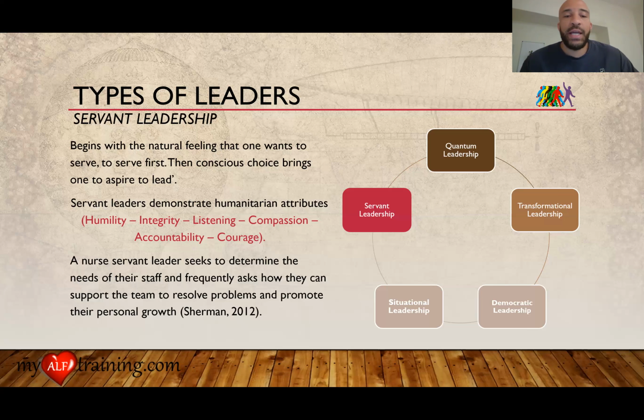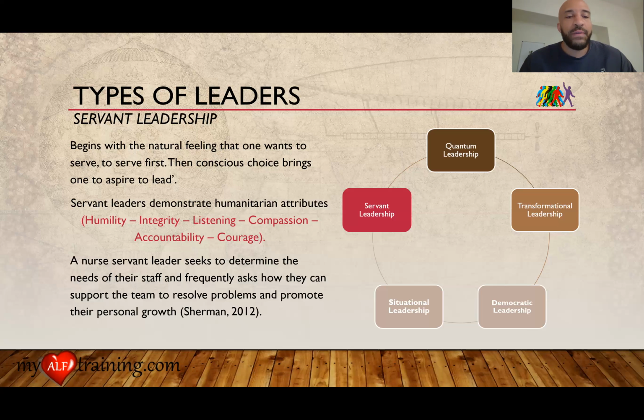And as we just said, the servant leader is someone who frequently asks questions on how they can support the team and promote personal growth. Well, if you don't know that this is my weak point, then you're not being a servant leader. So that type of leader has to be a different type of leader.